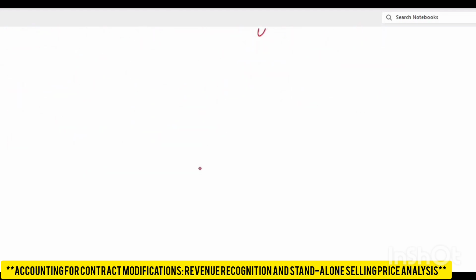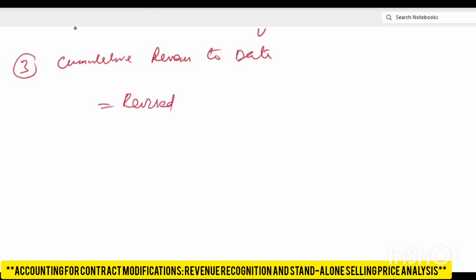Now the third step you will do, you have to adjust the cumulative revenue to date. So your cumulative revenue to date will be equal to the revised transaction price multiplied by the stage of completion.